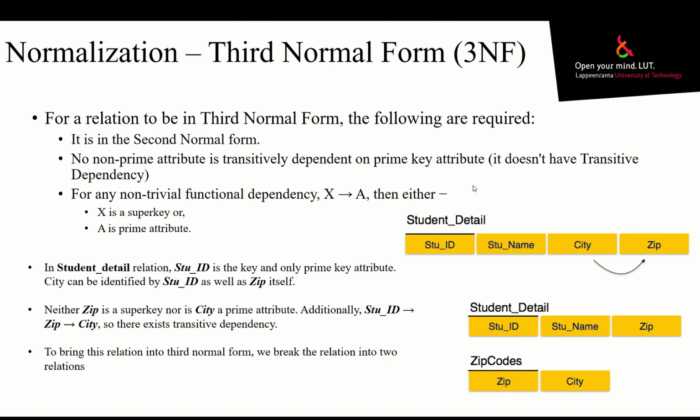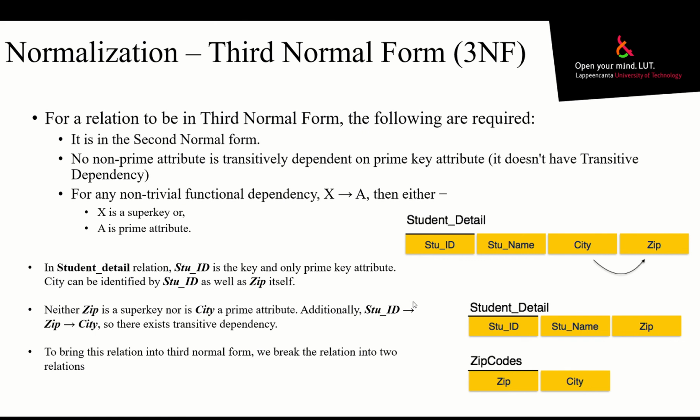So that means that there should be no transitive functional dependency. Let me explain again, maybe if you don't get that clear. Basically, a transitive dependency is when changing a non-key column causes changes in other non-key columns. So this is called transitive functional dependency. So it's like an indirect way where one non-key column affects the other.